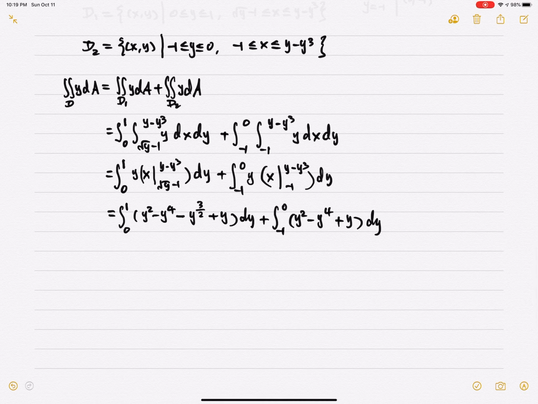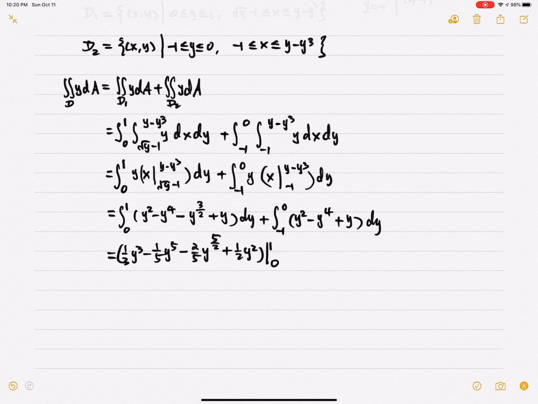Now, of course, this is a polynomial. We integrate. So here you're going to have 1/3 y to the third minus 1/5 y to the fifth minus 2/5 y to the 5/2 plus 1/2 y squared, plug in 1, 0.